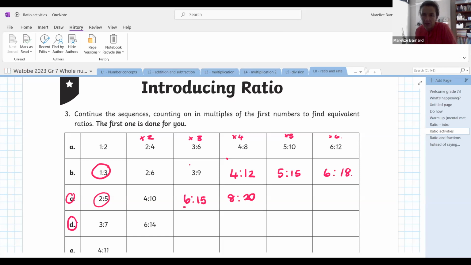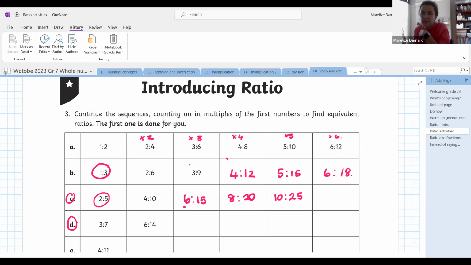Someone says here 16 times 40. I think we need to calculate that again. So if it's 2 to 5, then we're going to times by 5 in this next column. So that is 2 times 5 is 10, and 5 times 5 is 25. So 10 to 25 is also an equivalent ratio of 2 to 5.